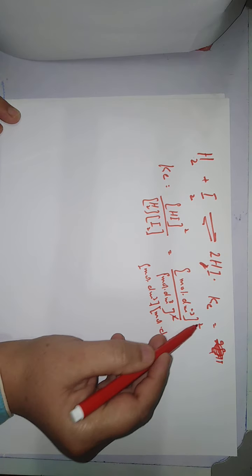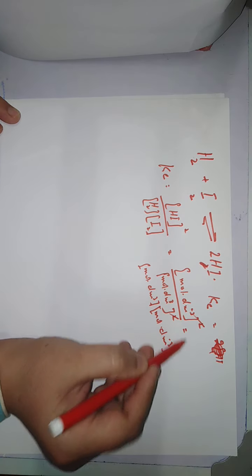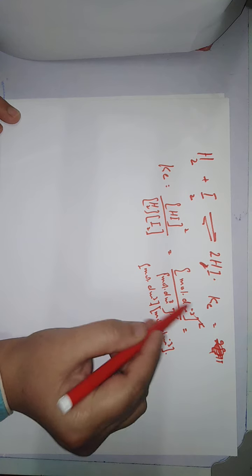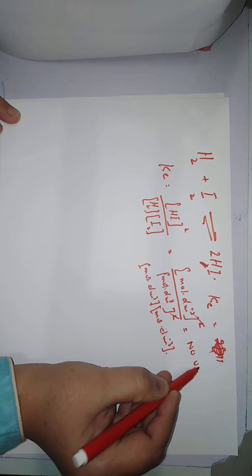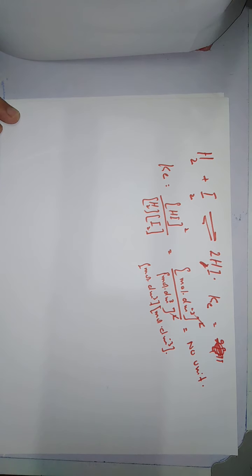So these cancel each other and it is equal to 1. It means it has no unit. So for a balanced chemical equation, Kc has no unit.